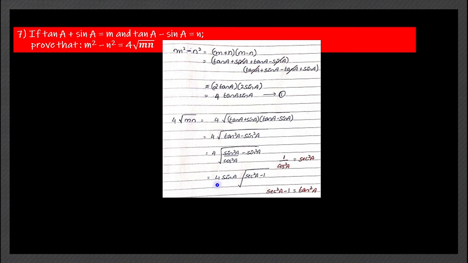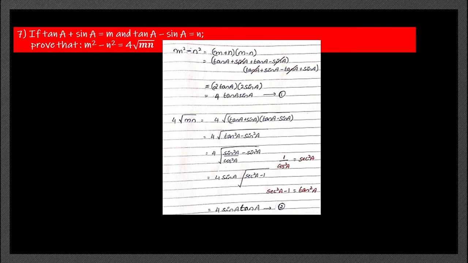Sine square A can be taken as square of sine A. So when you take the root of sine square A, you will be getting sine A outside the root. Then you will be left with 1 by cos square A, which is secant square A, minus 1. And then secant square A minus 1 can also be written as tan square A.